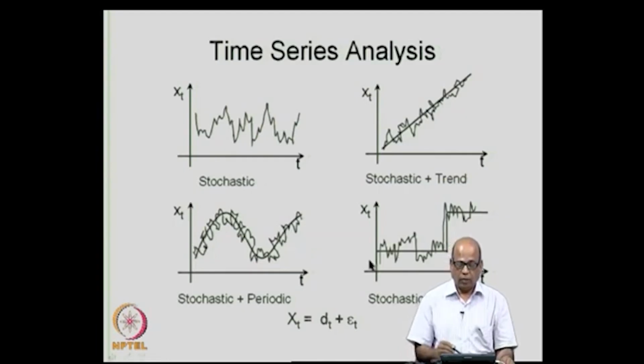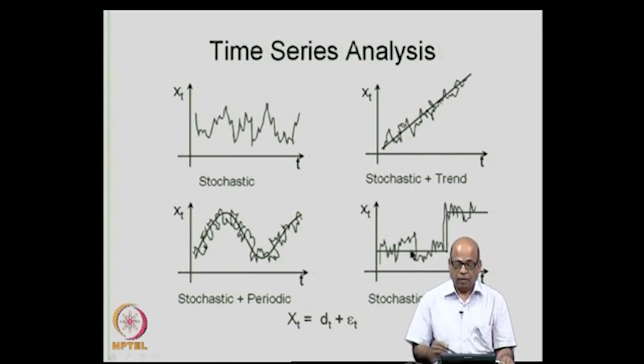Then you may also have cases where there is a jump. As I mentioned in the last lecture, these jumps may occur because of sudden large scale changes occurring in the catchment. Let us say you are talking about stream flows in a basin, and a large scale deforestation occurs, or a large scale fire occurs, or a huge earthquake occurs, which in a short period disturbs the hydrologic balance.